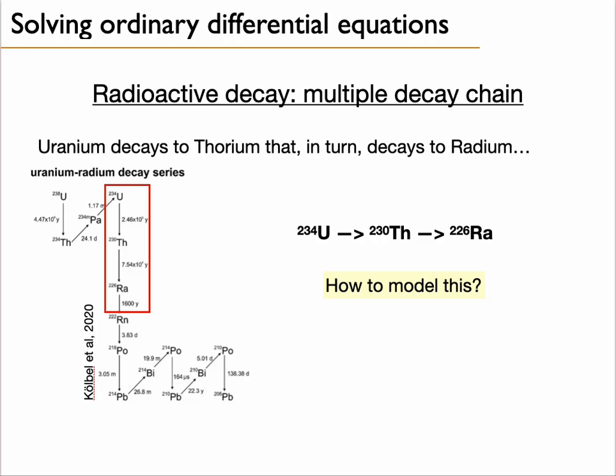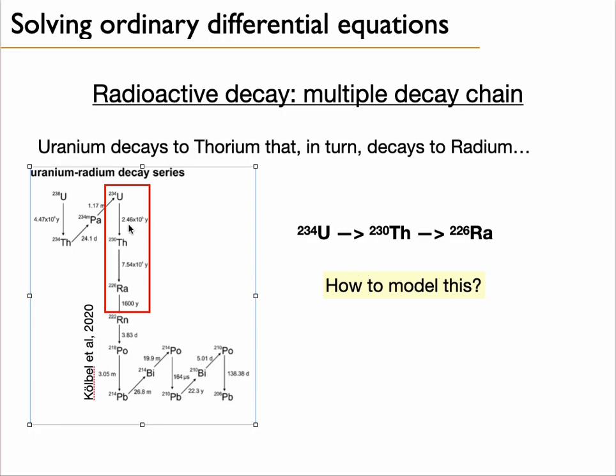So that's part of the uranium radium decay series. We consider this branch here. Uranium 234 decays to thorium 230, which decays to radium 226. So we have these substances, and here we have the time for the decay.